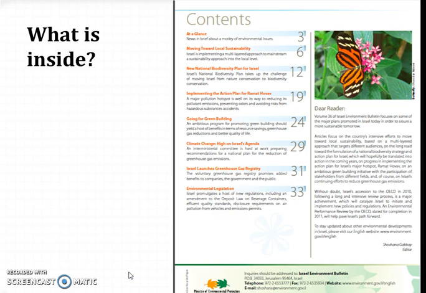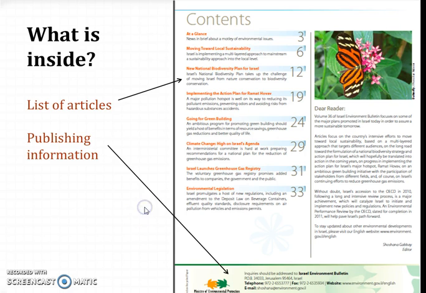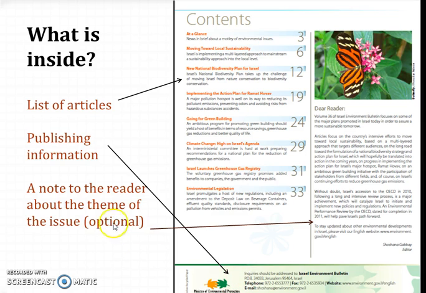And let's take a look inside. So we have the contents, in other words, the list of articles that are in the journal. We have the publishing information here. We can look here and see all that information. And we also have a note to the reader that's going to give some information about the theme or the topic of this particular issue.